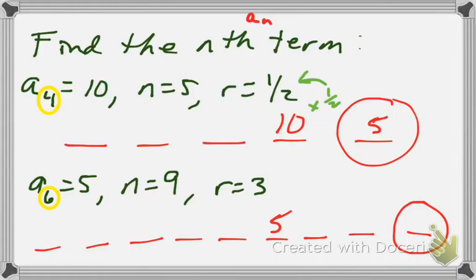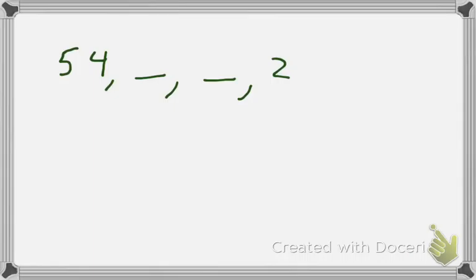Ninth term is what we're looking for. And so I would just multiply by 3 a few times. I wouldn't mess with a formula or anything. And I get 135.